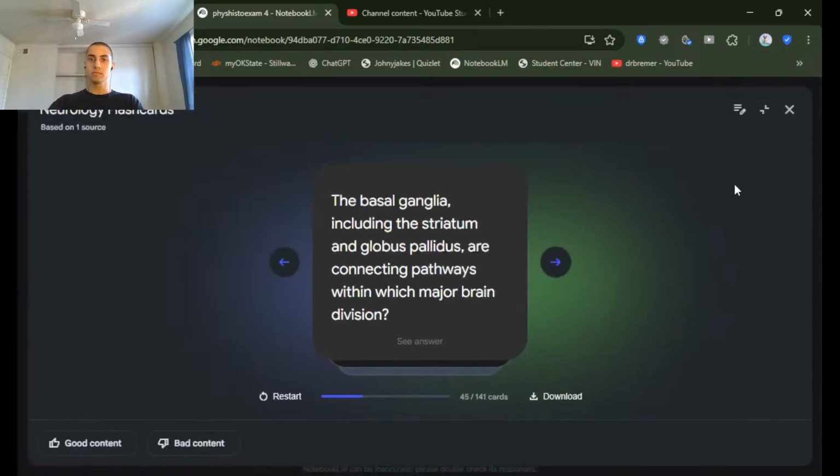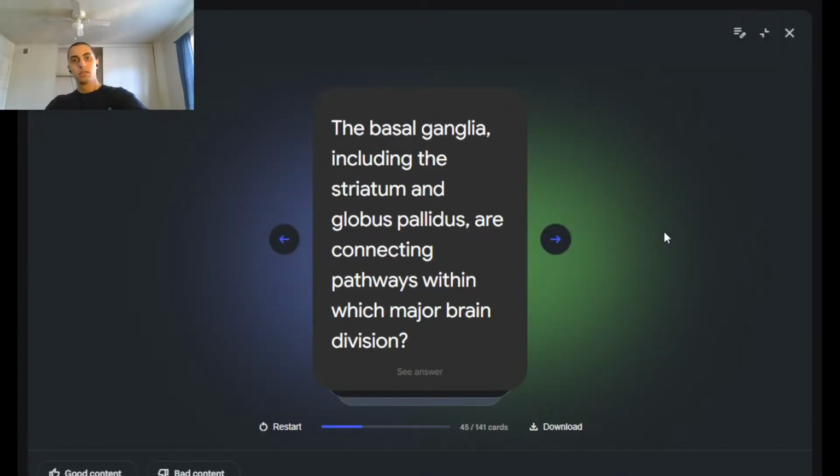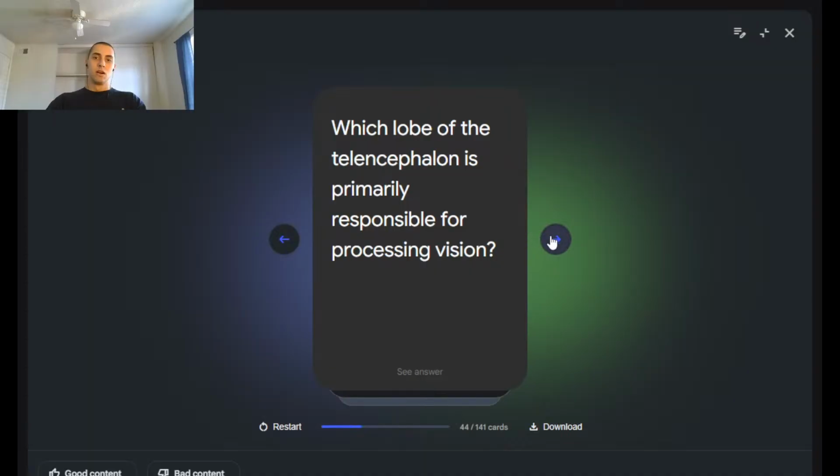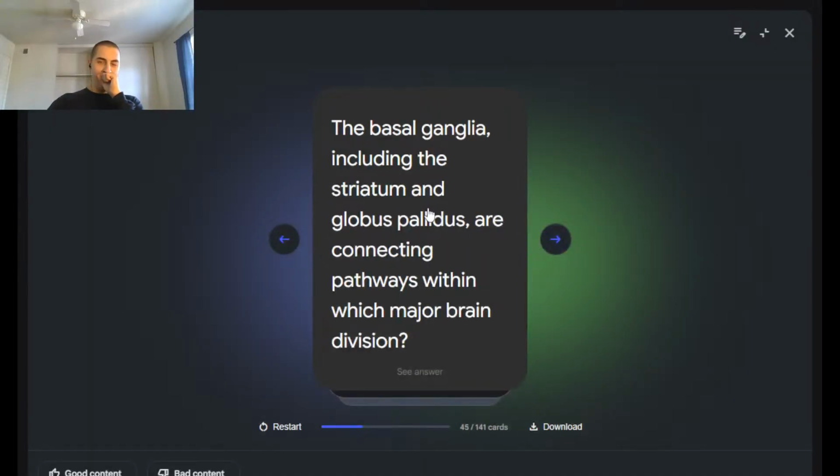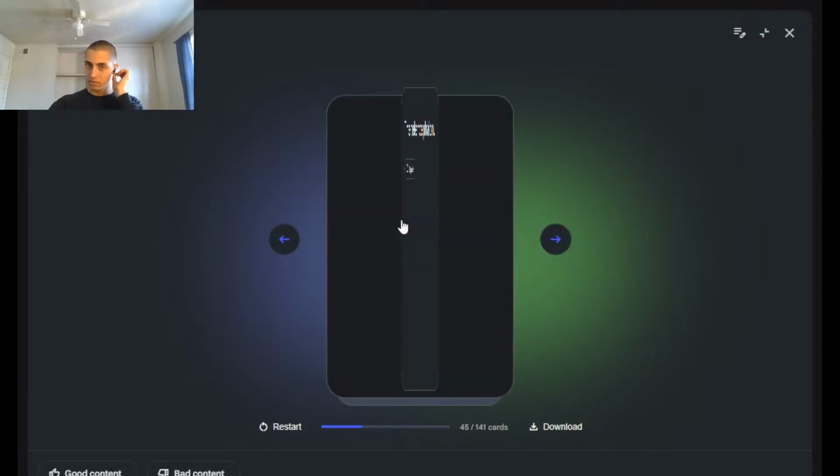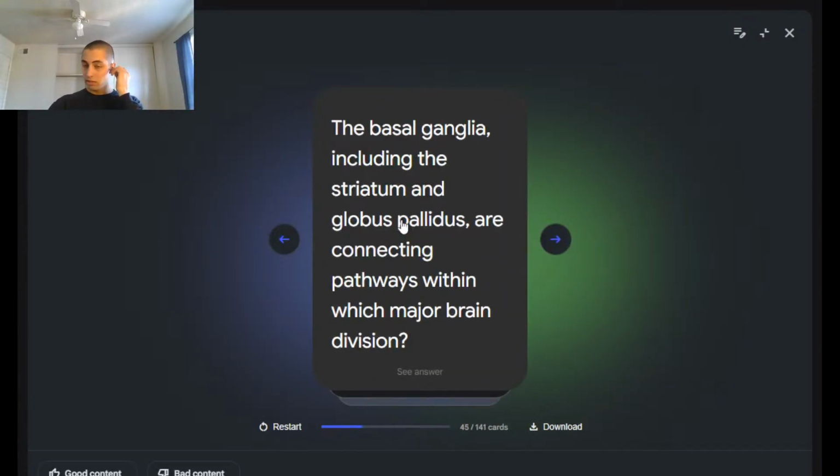Okay. The basal ganglia, including the striatum and globus pallidus, are connecting pathways within which major brain division? Cerebral cortex? No. Telencephalon.